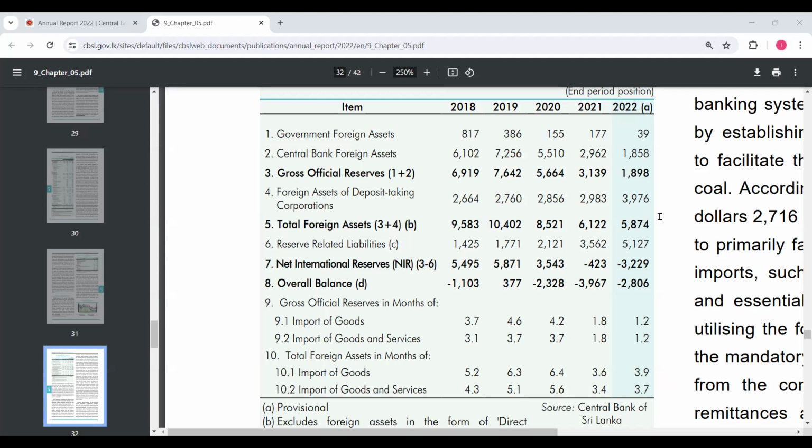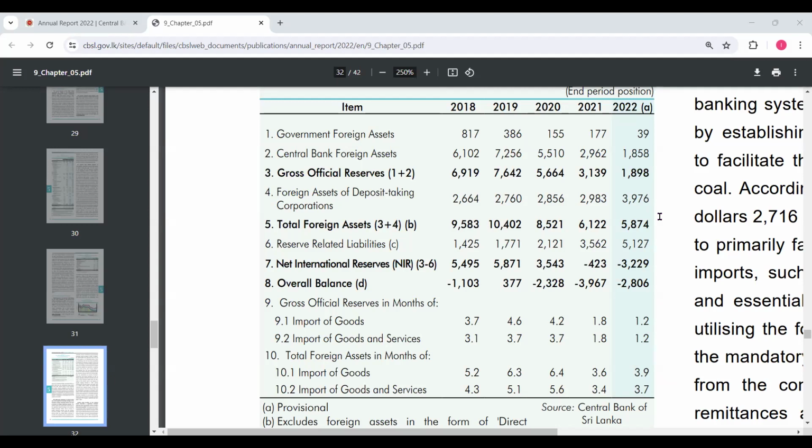In 2019, we improved it to 5,871, positive values. And then by 2022, with the crisis and everything, we ended up with negative 3,299. That means we are in debt. Our liabilities are more than the assets. That's a really perilous, very bad situation for the foreign reserves.